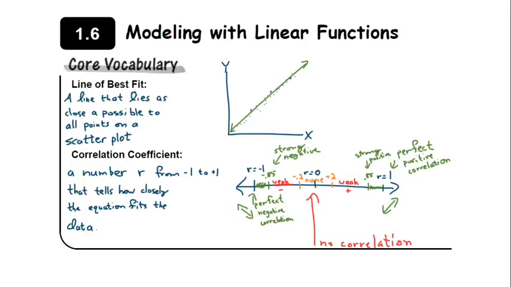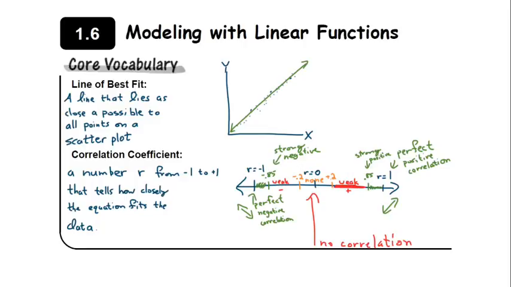This one, yeah, it's negative correlation, but it's weak. It's not the best approximation of what's going on, but if you really want to use it, go for it. The middle section, we're going to go ahead and say none. 0 is perfectly none. In that middle section, there's no correlation. You really can't say anything. You might even extend that to 0.3 on either side, but we'll just go with 0.2 for the time being.